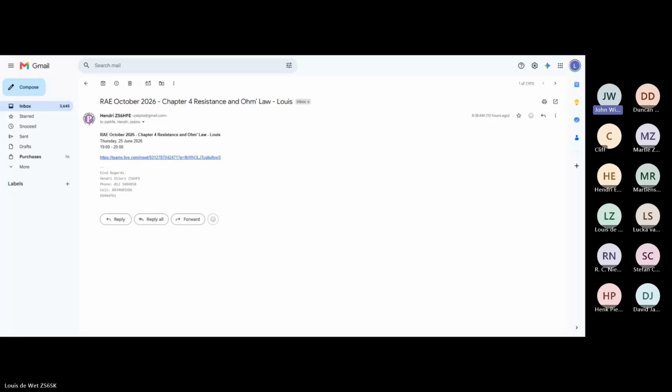Sorry, I don't know if we're supposed to see a screen. All that we see is a Gmail screen for my mail account. Let me just try again. I'll stop sharing.